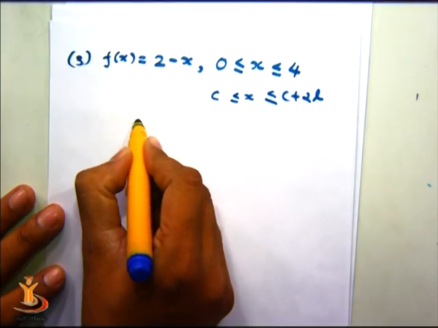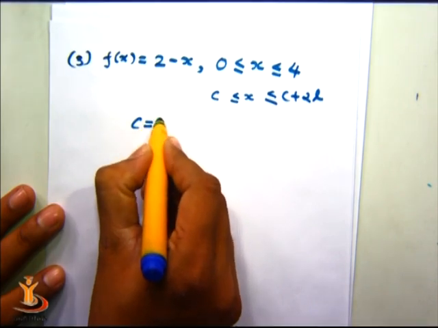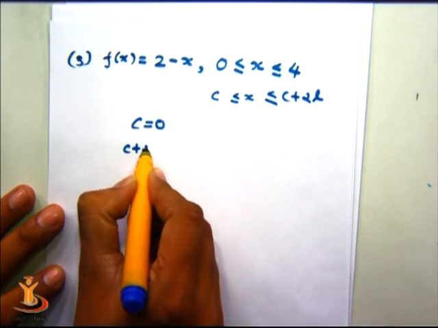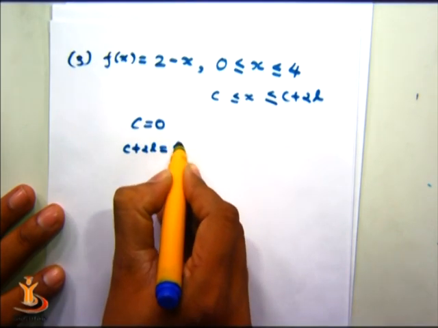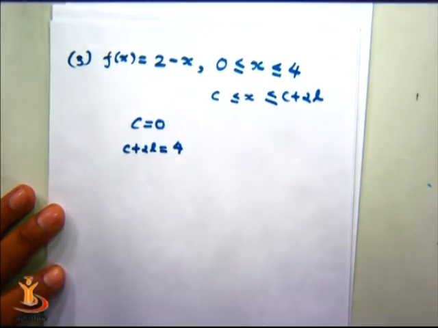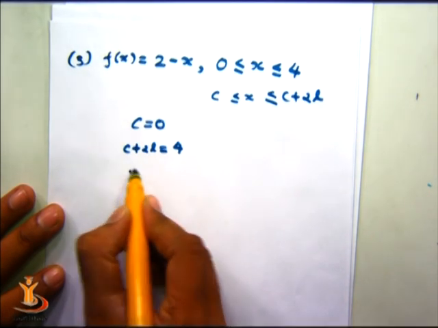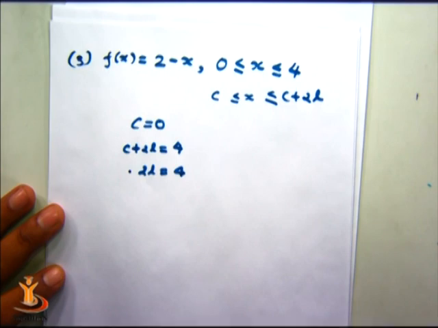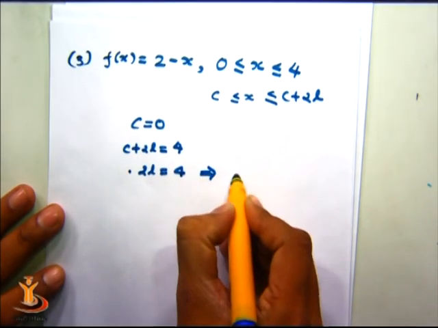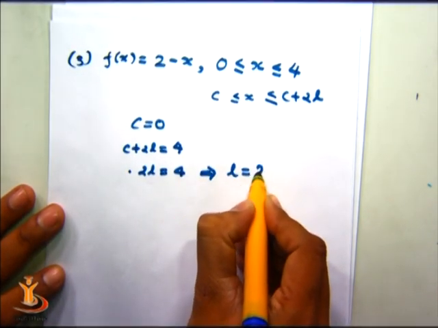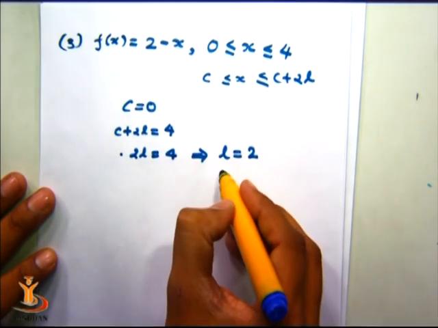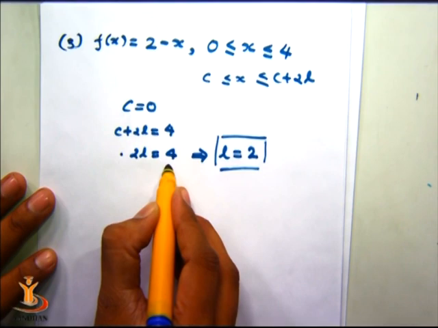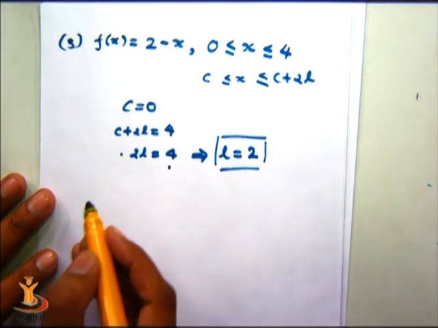So from here we get c equal to 0, the lower limit, and c plus 2l equal to 4. Put c equal to 0 in the second term, so we get 2l equal to 4, and hence we can say that l equal to 2. Here the function is 2l periodic, so we can say that the function is a 4 period function.